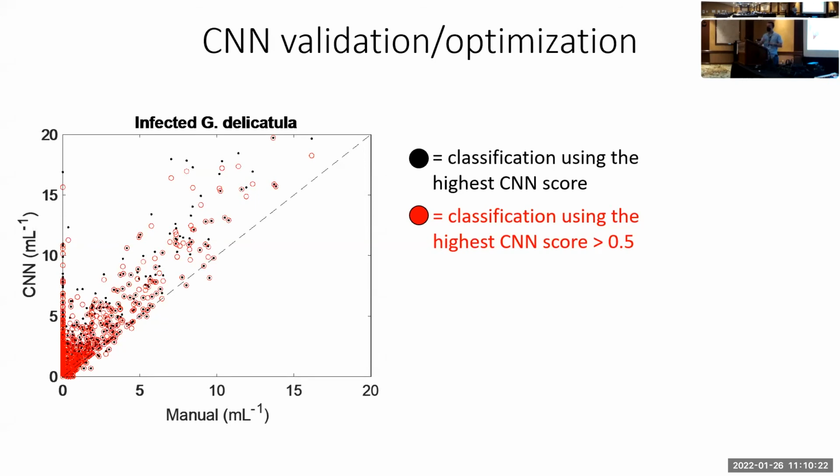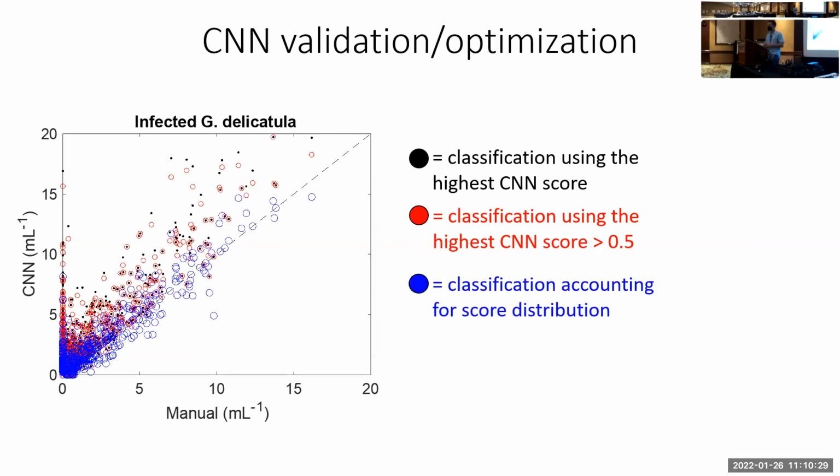We've done that by implementing some score thresholds, which improve things a little bit, but still a lot of bias in there. But if we use a classification approach that accounts for the distribution of scores across all classes, we end up with a much improved fit, which you can see in the blue here. And again, this certainly looks good enough to start doing oceanography and ecology with.